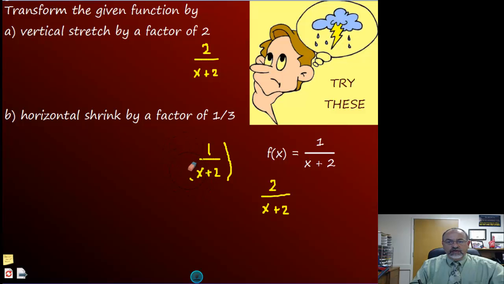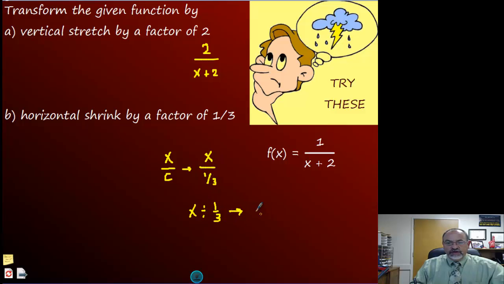Okay. Now, the horizontal shrink, you remember, of 1/3. Because we're going to change all of the x values, we're going to replace x with x over c. And in this case, c is 1/3, so x is over 1/3. Now, x divided by 1/3, we don't want to leave a fraction in a fraction, so that's going to be multiplied by the reciprocal, so that's going to be 3x.